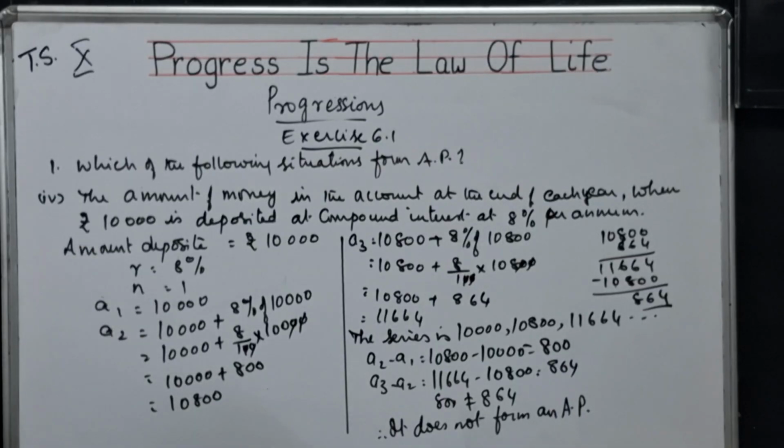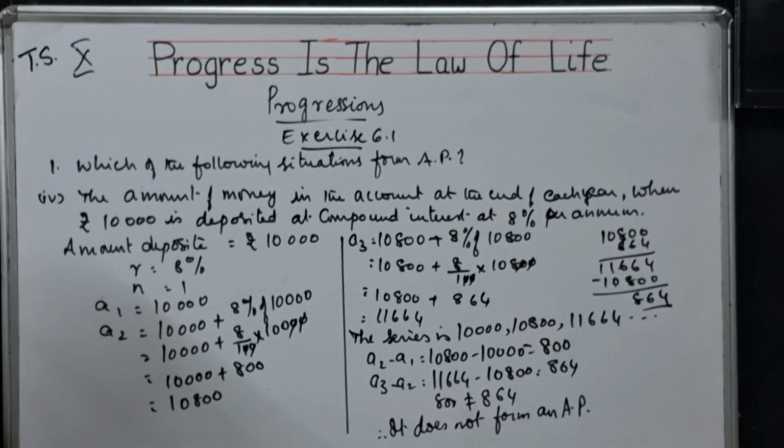And next year, after 1 year, 10,000 plus 8% of 10,000 will be added to it. So 10,000 plus 800, it will be 10,800.